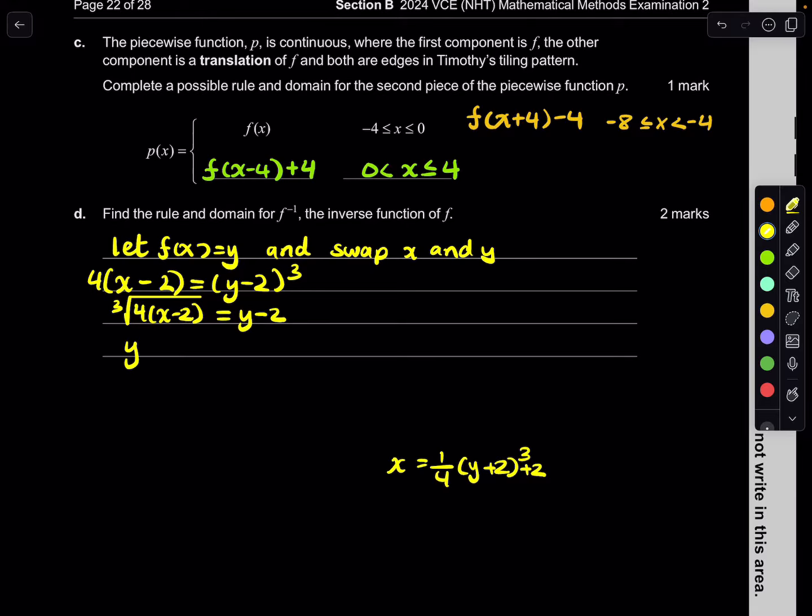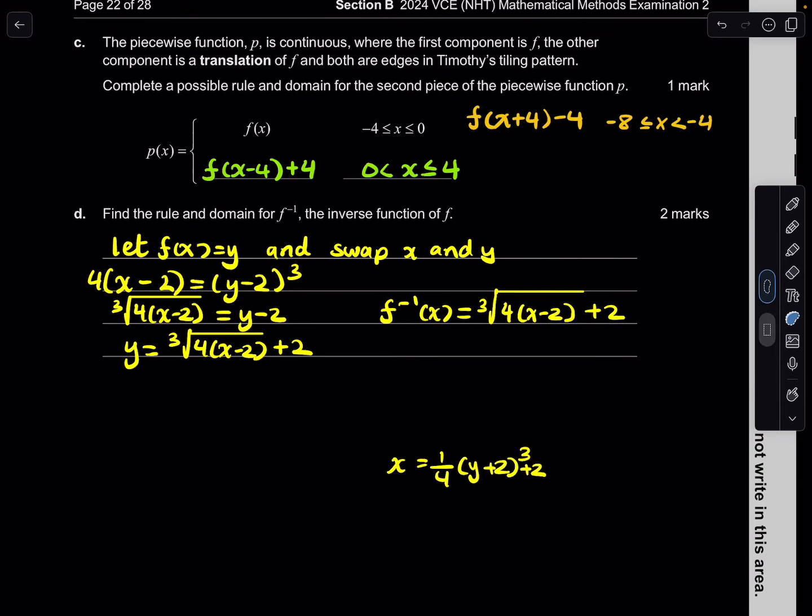And so hence y is going to be equal to cube root of 4x minus 2, plus 2. Done. So overall the inverse function of x is going to be cube root of 4x minus 2, plus 2. Done. So that is your inverse.